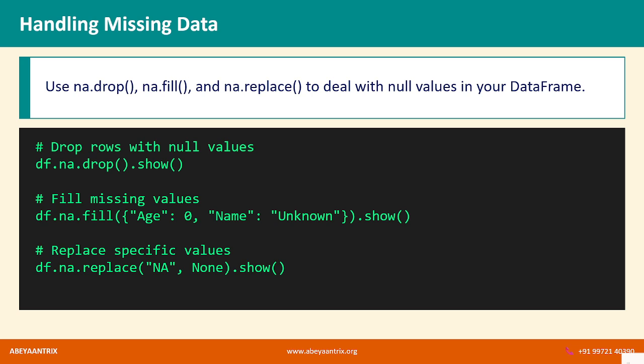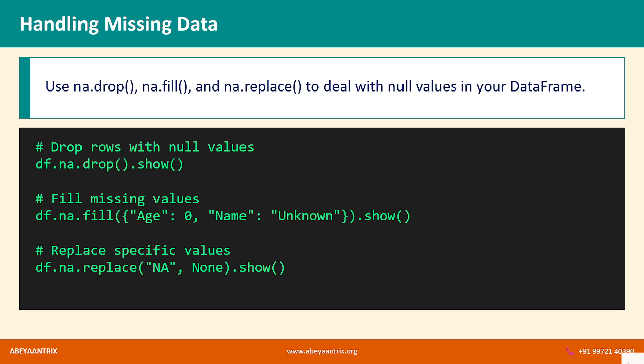Then you can also fill the missing values. For example, somewhere age has some blank data and name also has some blank data. So what am I doing? I am filling those with 0 and unknown. Wherever age is empty, I am filling 0.